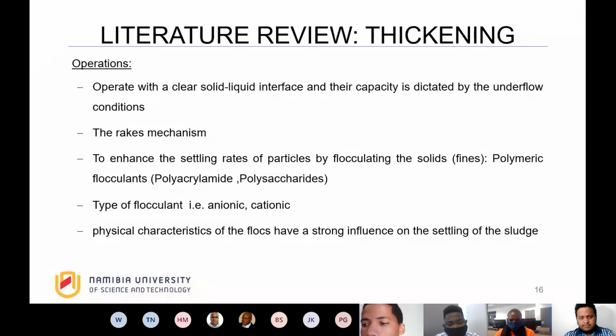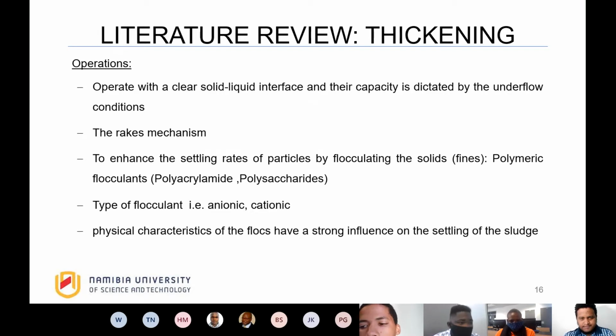Now, normally the flocculant that one would use to separate the solids from the liquid would be the synthetic flocculants. These are normally polymers that come in different types. You find polyacrylamide and polysaccharides.